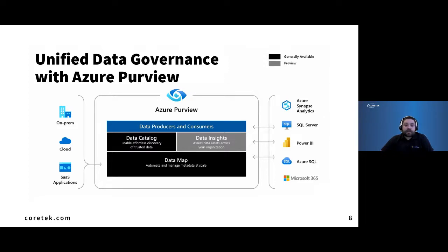Then all the descriptions of your data assets, as well as the relationships, are automatically integrated into a holistic map of your data estate. Built on top of that data map there's an app for data governance, there's a data catalog, and data insights. So what this means is that all the data governance apps, as they call them, will have a real-time understanding of all the data across your data estate, because these all integrate in a unified fashion.